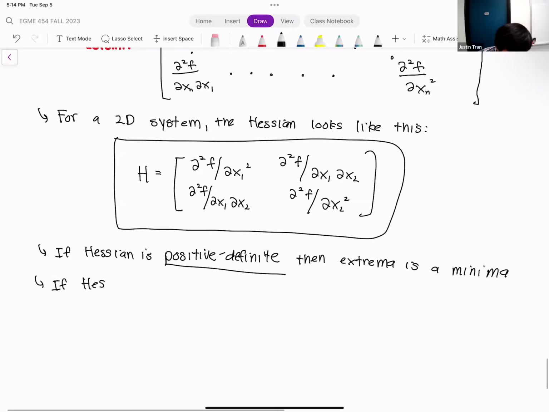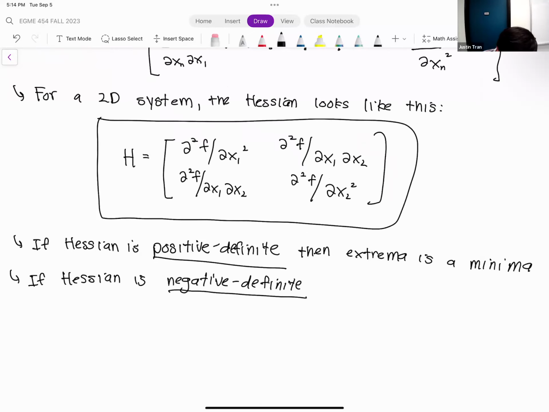If the Hessian is negative definite, then the extrema is a maxima.